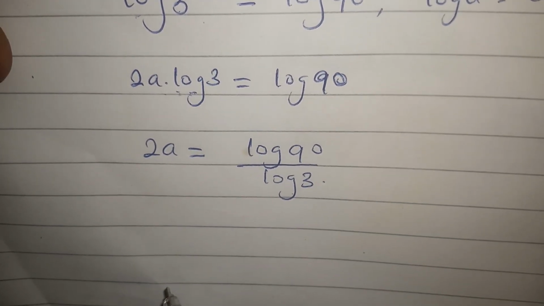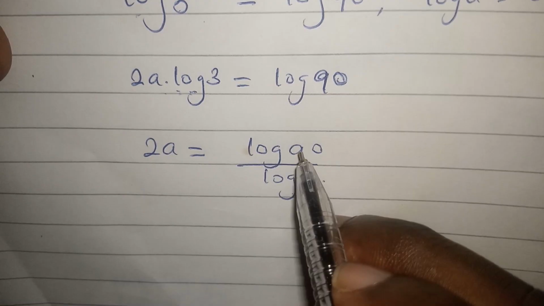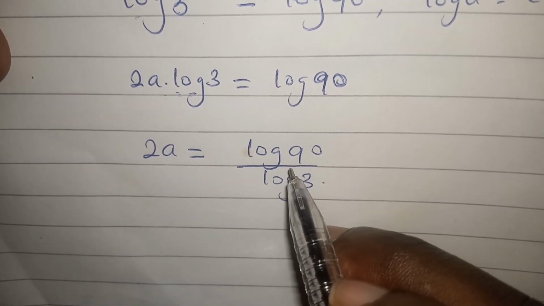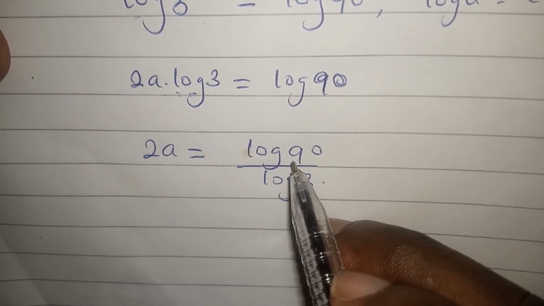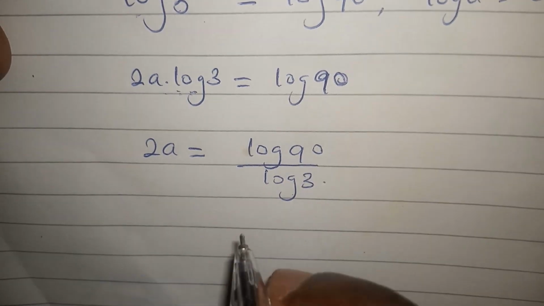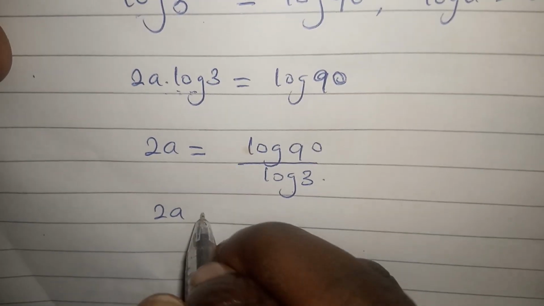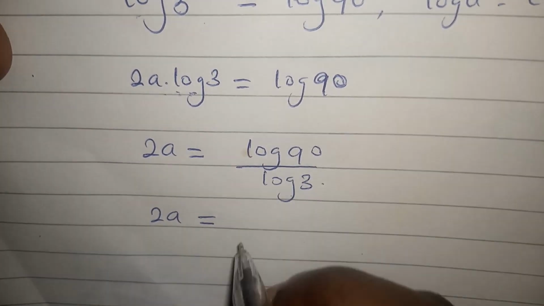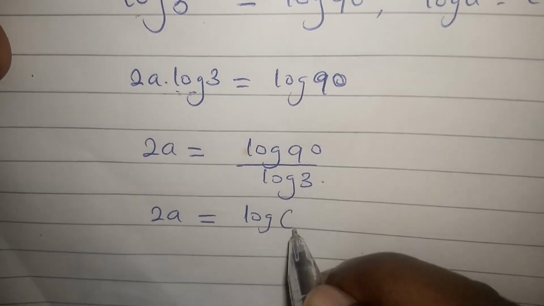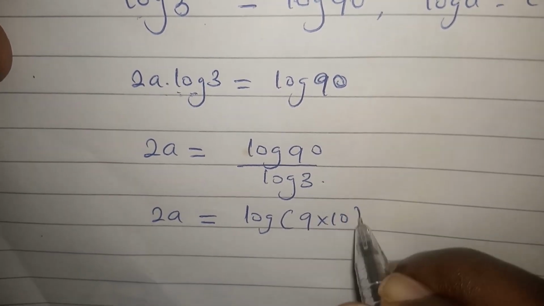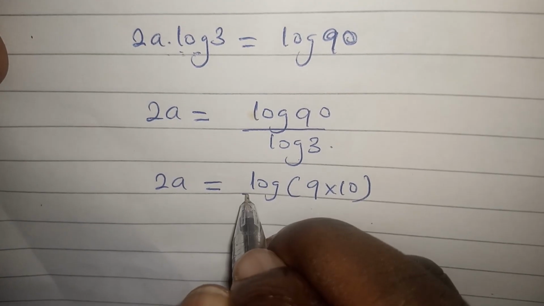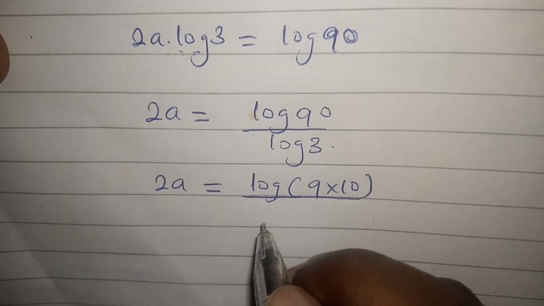Since 90 can be written in another form, we have 2a is equal to log of 9 times 10 over log 3.